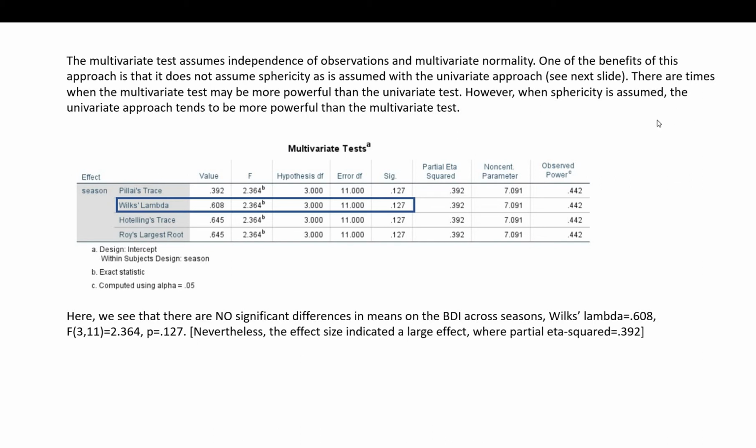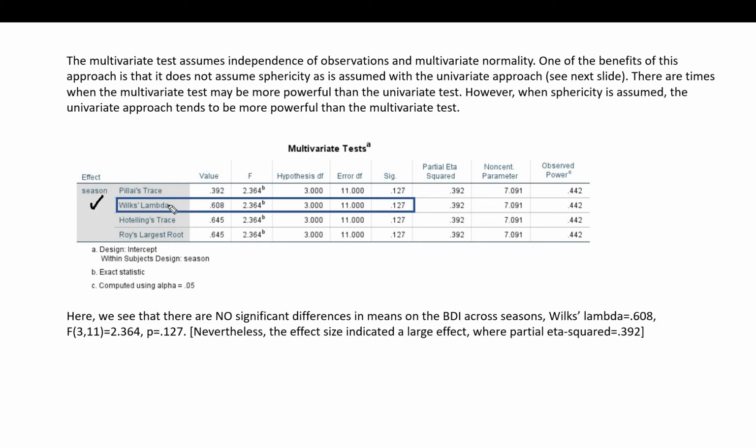Now there are times when the multivariate test may be more powerful than the univariate test. However, when sphericity is assumed, the univariate approach oftentimes will be more powerful than the multivariate test. So right here you can see with the multivariate test, there are actually 4 different test statistics, but basically the tests are all giving the same information.